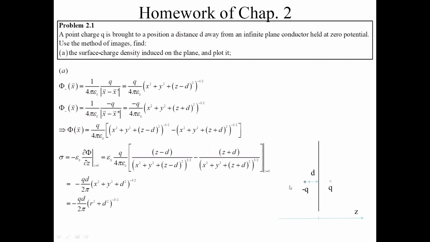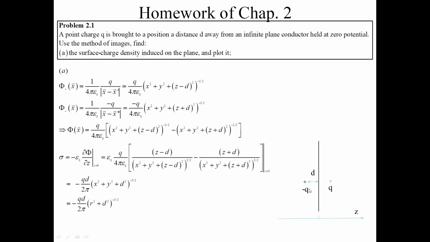So in this question, we look at the point charge Q, which is located at a distance d away from the infinite plane conductor, held at zero potential. Okay, so here we use the image charge to calculate the potential first.